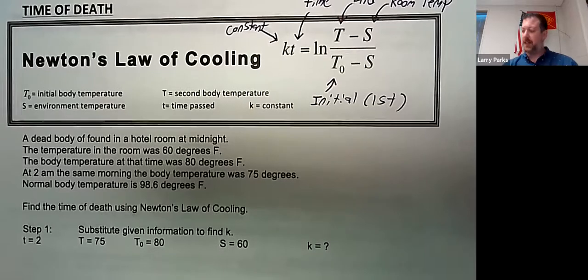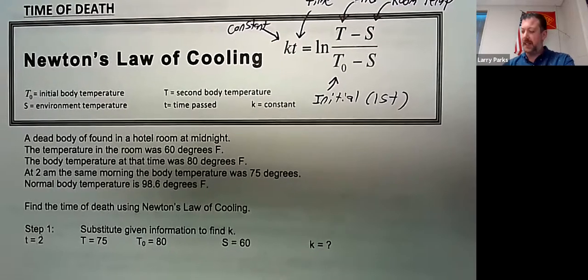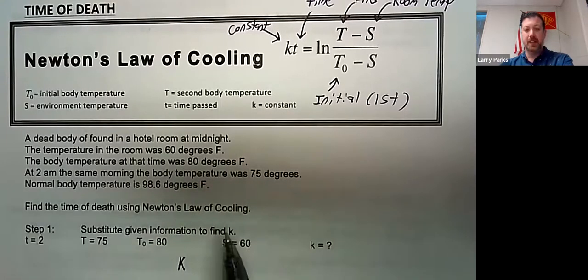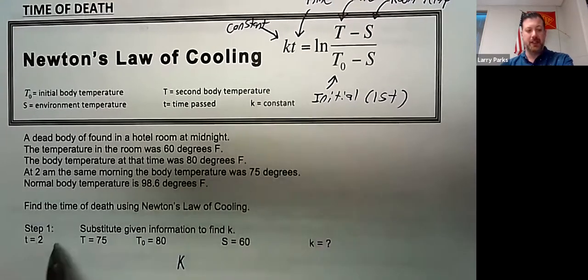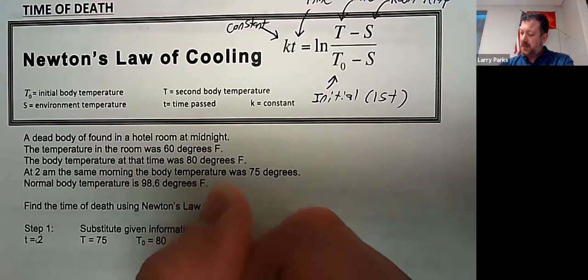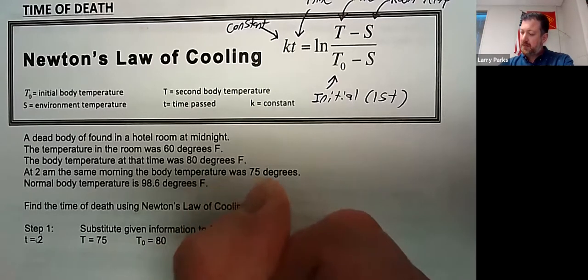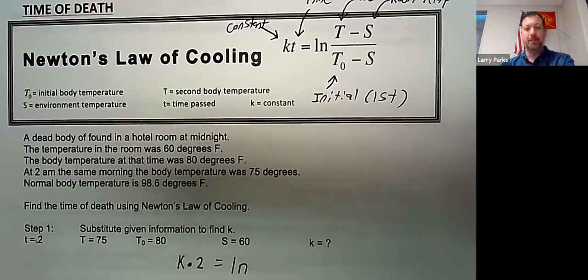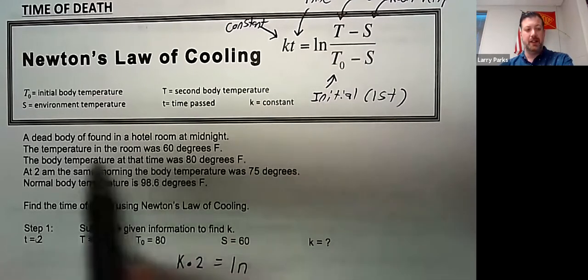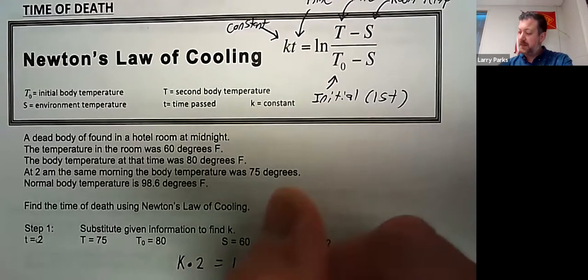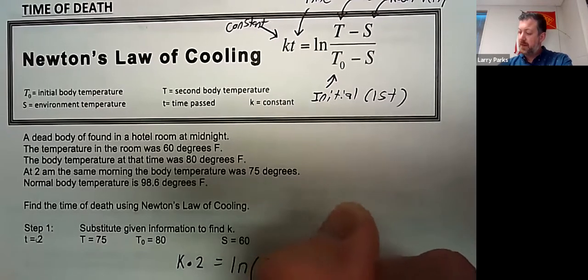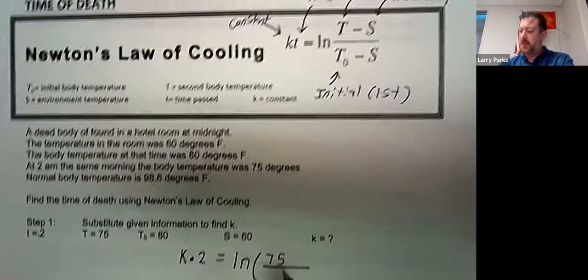Now we could plug in. First we're going to find K. So we're going to say K times T, remember T is 2, equals the natural log of T, T is 75, and you subtract off the room temperature.